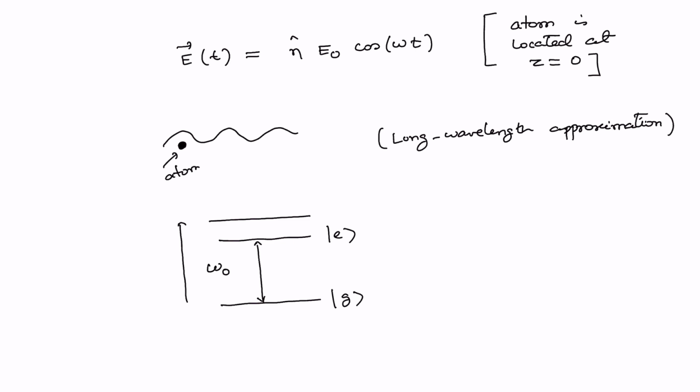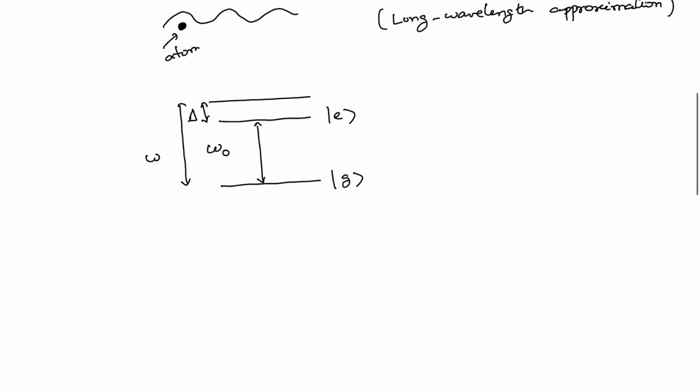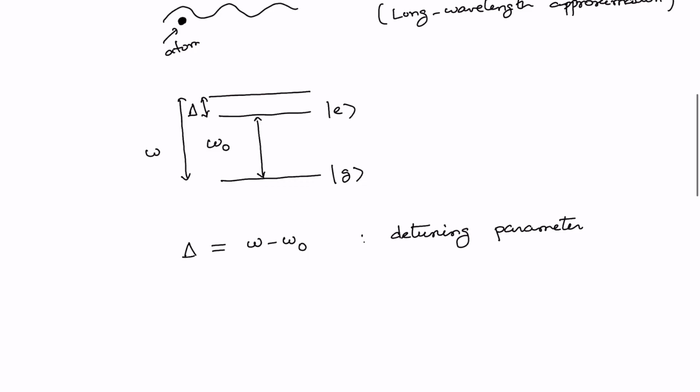Say this is the field frequency ω, the light field frequency, and this difference is delta, and this parameter delta is known as the detuning parameter, defined as Δ = ω − ω0. This is the so-called detuning parameter, a very useful parameter in quantum optics.